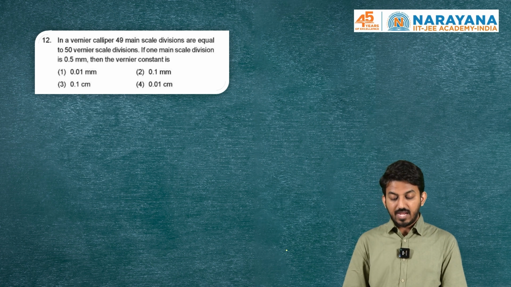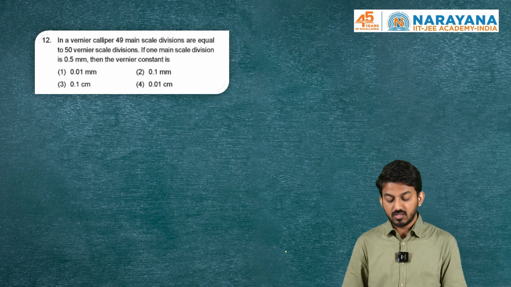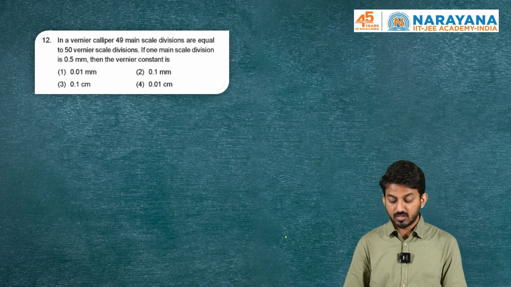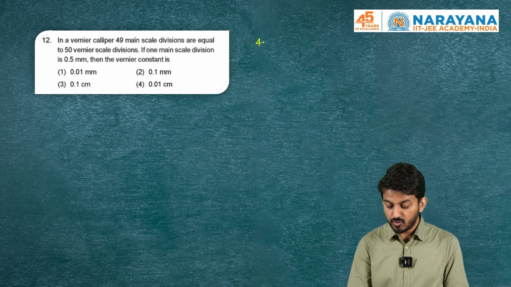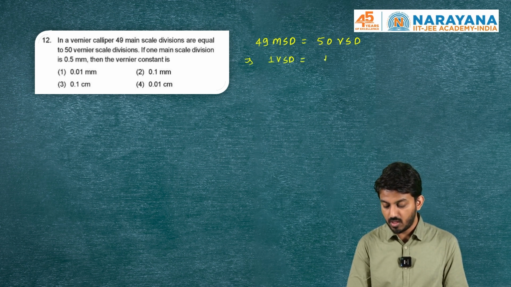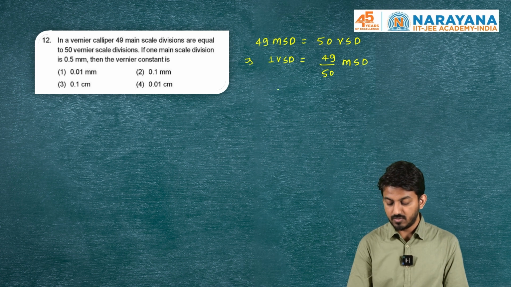they're talking about a Vernier caliper having 49 main scale divisions equal to 50 Vernier scale divisions. So 49 main scale divisions is equal to 50 Vernier scale divisions, giving us one Vernier scale division equal to 49 over 50 main scale division.